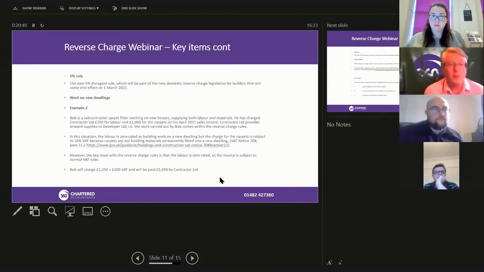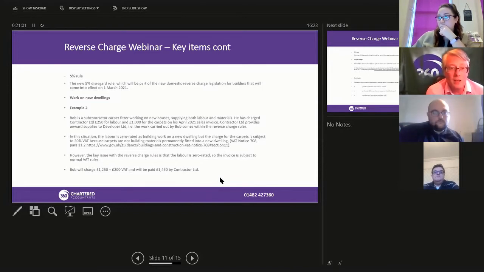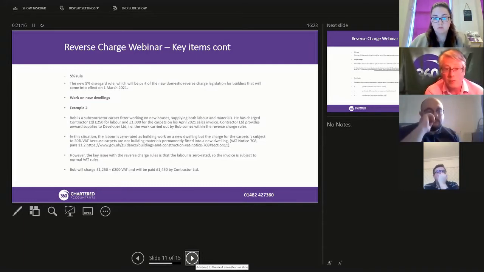So then the next example, with slight nuances, on the screen is the work on new dwellings. As you can see, the example there is based on a carpet fitter, where he's got a couple of different places of supply. You've got one for labour and one for the carpets, and the work that is done comes within the reverse charge rules.